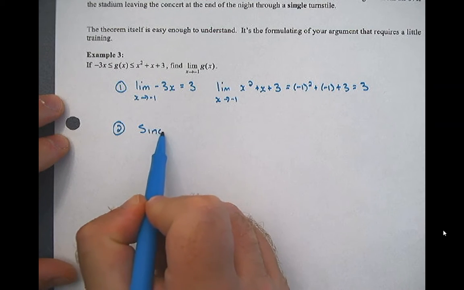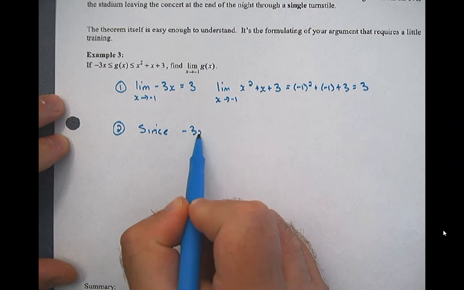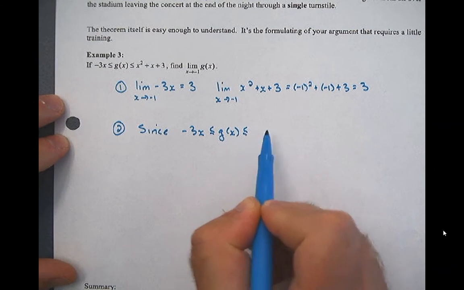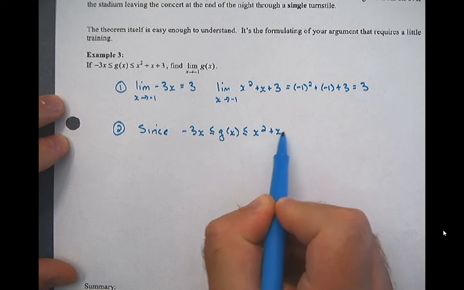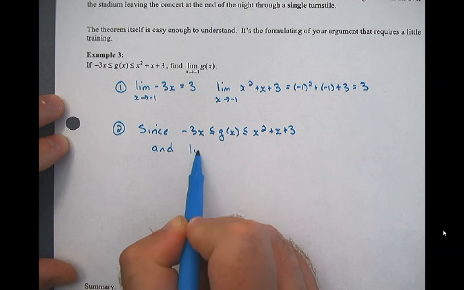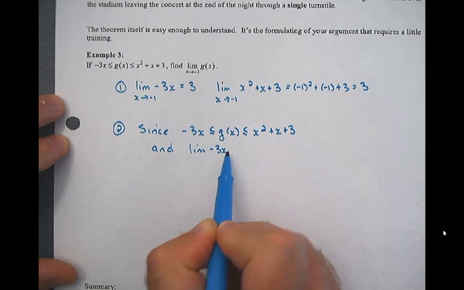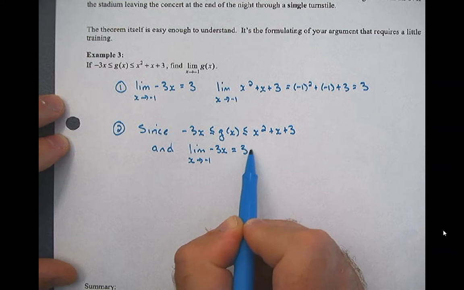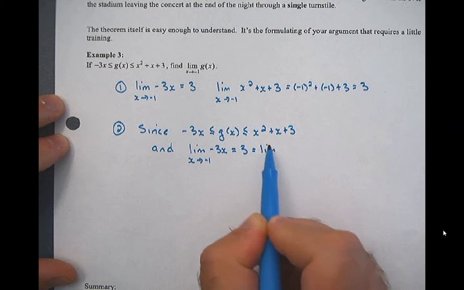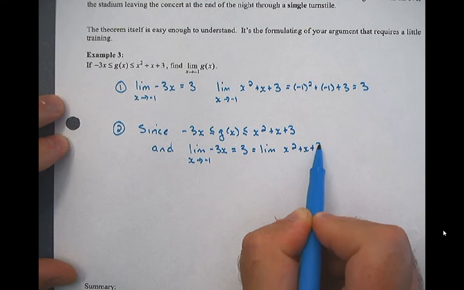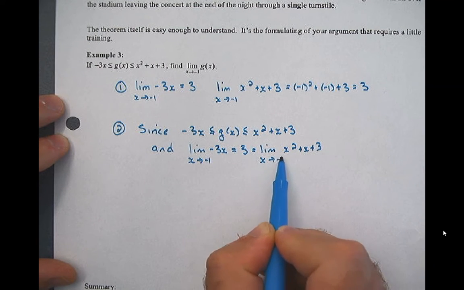Since negative 3x is less than or equal to g of x is less than or equal to x squared plus x plus 3, and the limit of negative 3x as x approaches negative 1 is equal to 3, which is equal to the limit of x squared plus x plus 3 as x approaches negative 1.